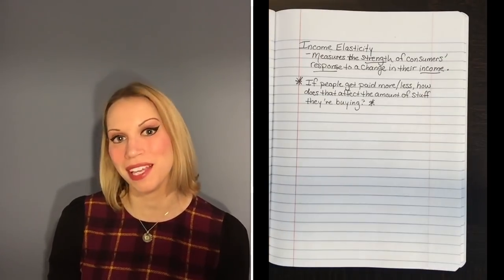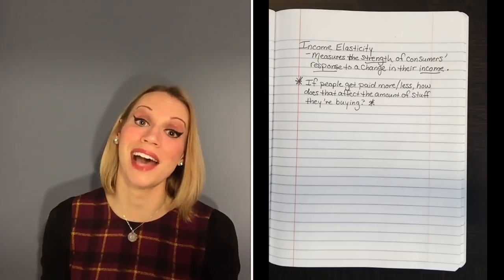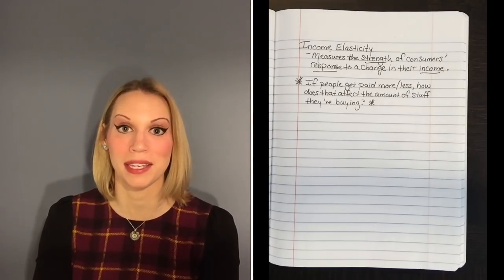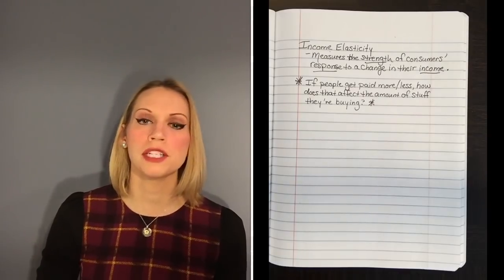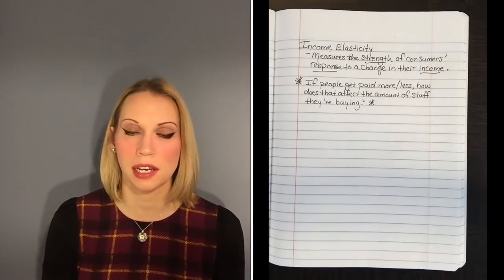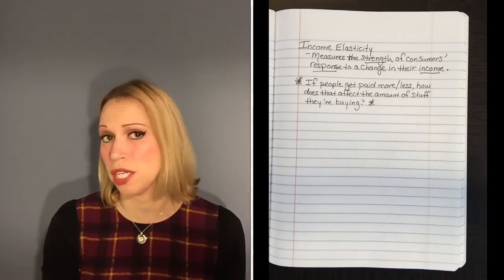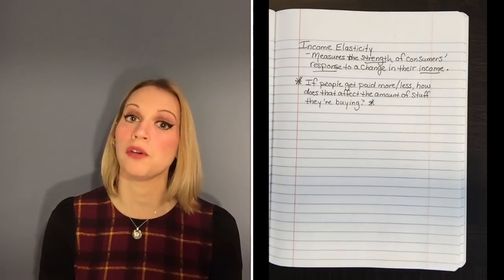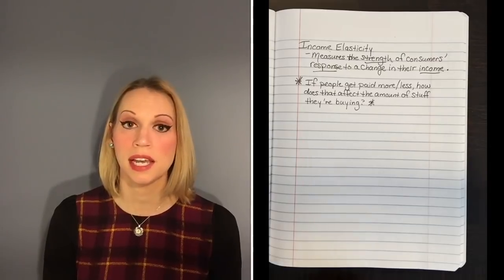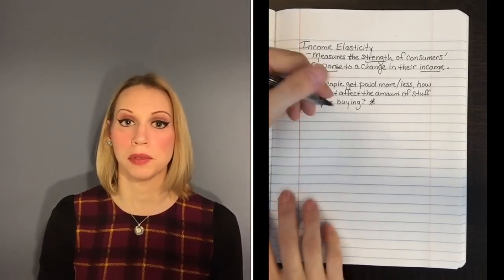Or if people get paid less in their paycheck, how does that affect the amount of stuff they're buying? Now, since we're measuring a response to a change in income rather than a response to a change in the price of something, we're going to have a completely different scale for income elasticity. So let's work a couple of examples and we'll practice using that scale so you can get the hang of it.